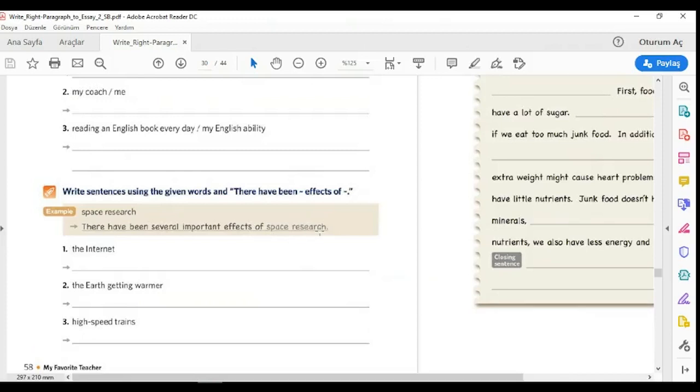Remember in our previous lesson, we discussed you don't always have to use several. You can use many, you can use a few, you can even use a number. So you are going to write about the internet, the earth getting warmer, and high-speed trains. Again, just write down these three phrases and then you can do the activity at the end of the lesson.